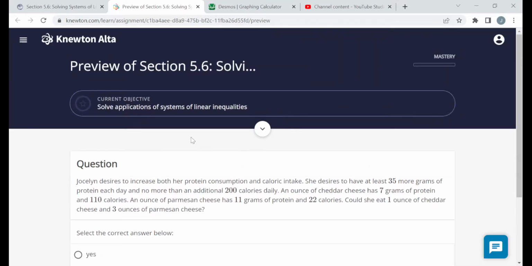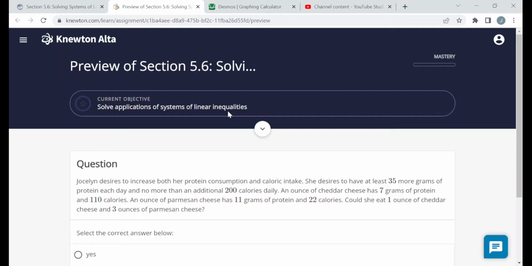Alright, so the first objective I'm looking at is solve applications of systems of linear inequalities. So hopefully you recall linear inequalities. This is from earlier, I believe, chapter 4 or 3. One of the earlier chapters. But I have done videos prior to this on graphing linear inequalities with 2 variables.